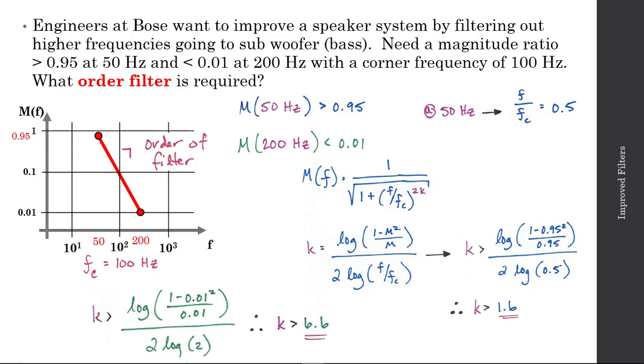So based on this second requirement for the problem as posed by the engineers, I'm requiring a k greater than 6.6 order filter. And once again, I must have a whole number here. So what this problem is telling me is that I'm going to need a 7th order filter to meet the performance requirements of this speaker system.